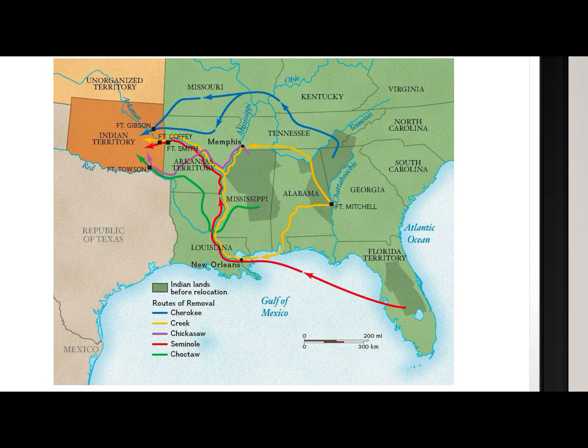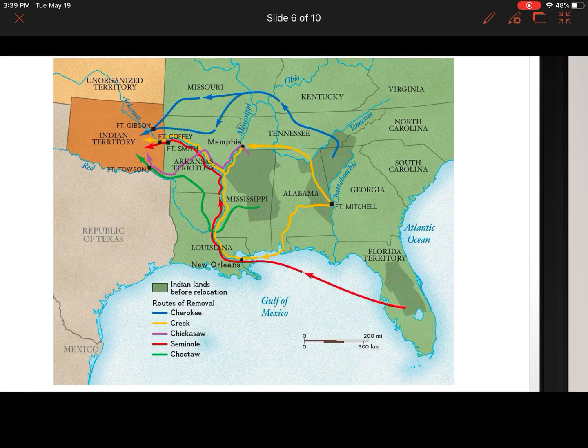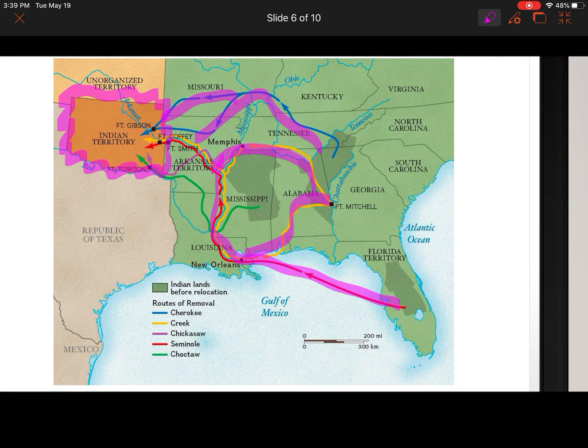The Trail of Tears is the famous route taken by some of these tribes because it was deadly. The weather, the harsh conditions, the lack of food. The young and the old really struggled on this journey across the Southeast as they were being brought to the new land that they were moving out to, which is present-day Oklahoma.